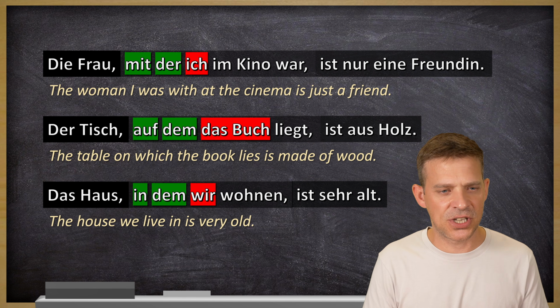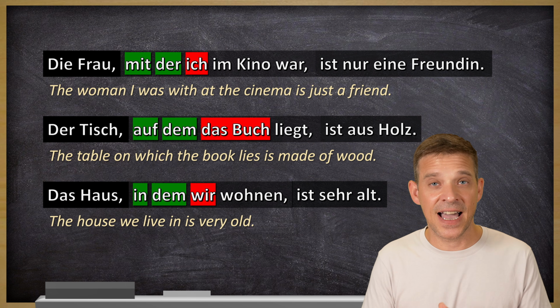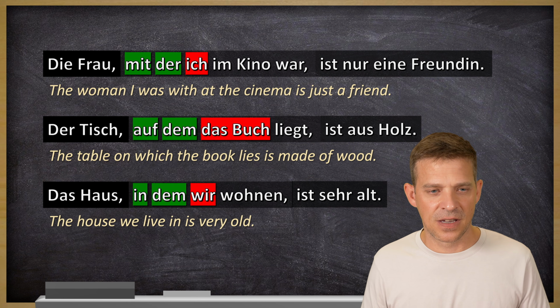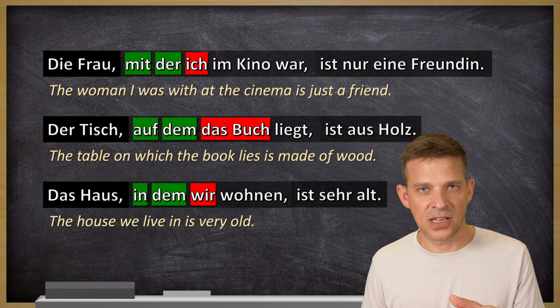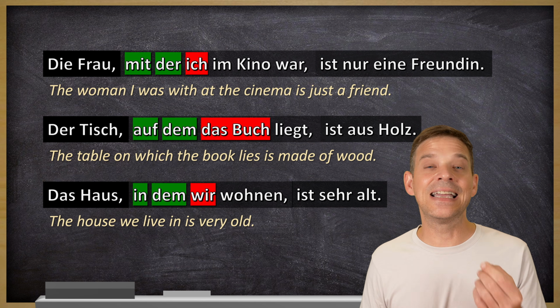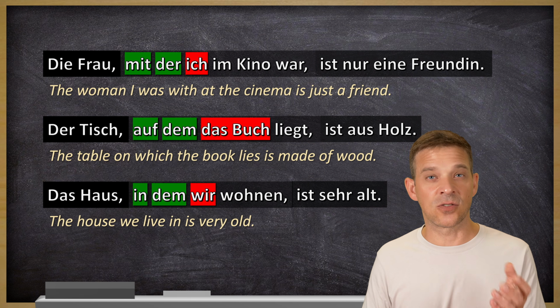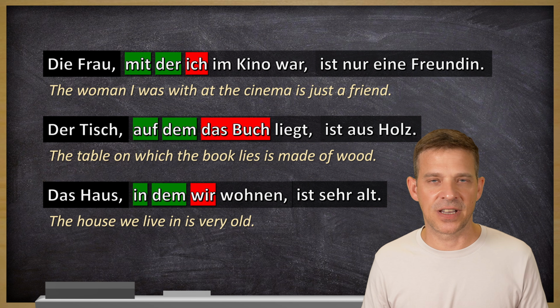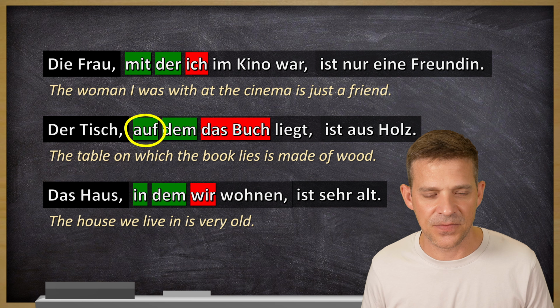Das Buch is a subject. Auf ist eine Wechselpräposition, a two-way preposition, here used in dative case. That's why auf dem, der Tisch, maskulin, auf dem. Und das Haus, Neutrum, in dem wir wohnen, in is also a Wechselpräposition, used here in dative case.